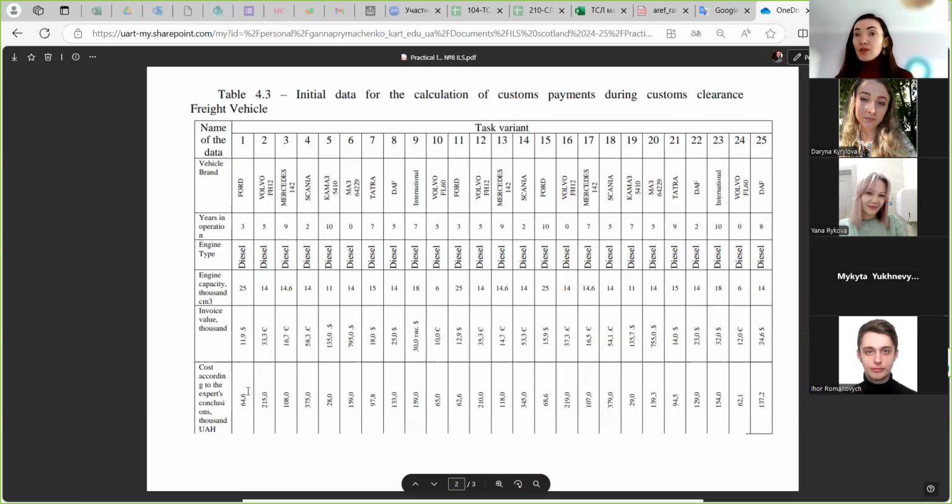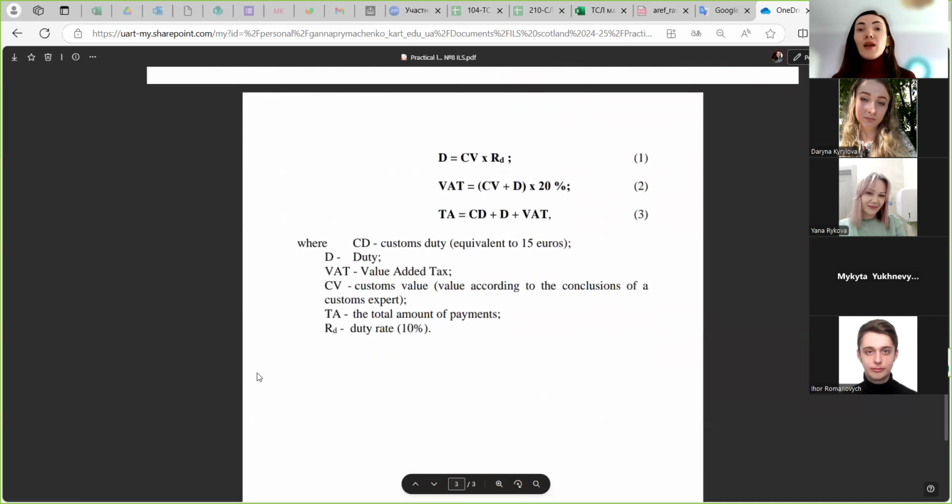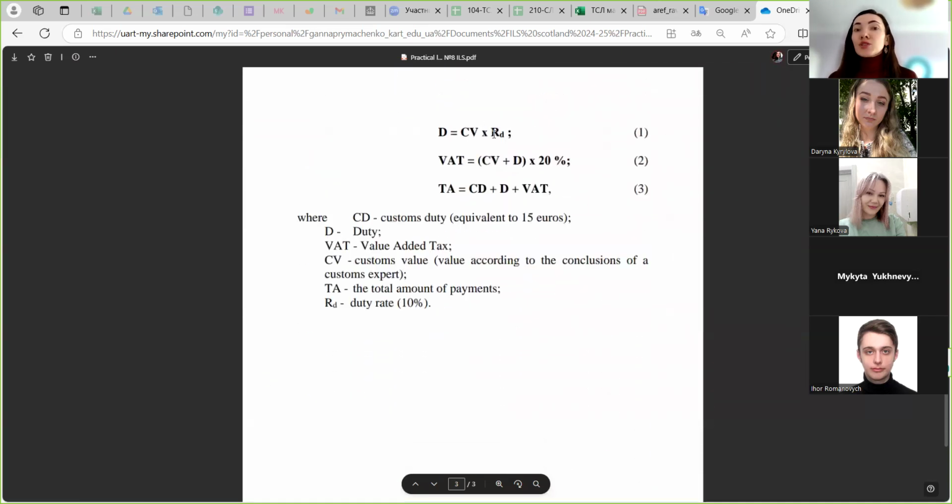And also we need to multiply this cost by our next parameters. I show you the formula. Formula number 1. It is parameter R with little index D. It means duty rate. And also after the previous practical lesson, we discussed with Jana about this information, because in tasks 4.1 it was right in our methodics that we need to use these parameters as 10% of the duty, from the customs value.